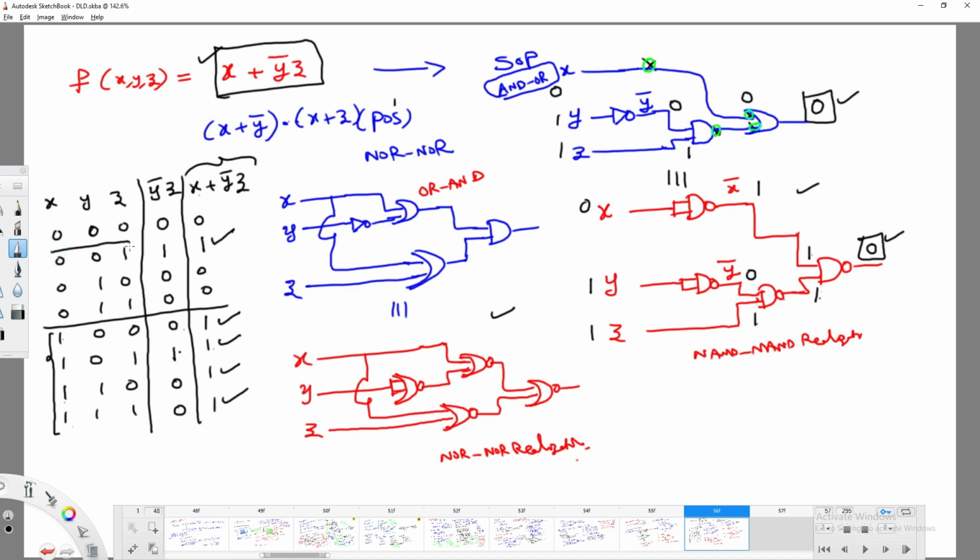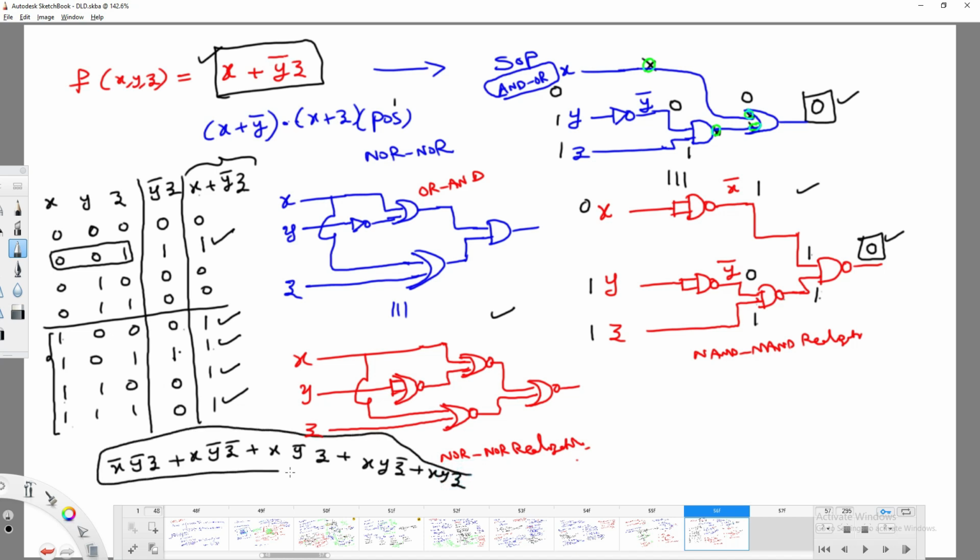This particular thing, I am going to represent as x bar y bar z plus x y bar z bar plus x y bar z. See, I am trying to write all the ones, okay? Plus x y z bar plus x y z. The same expression, right?